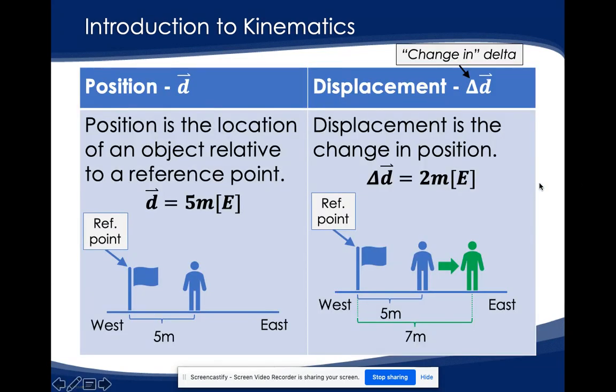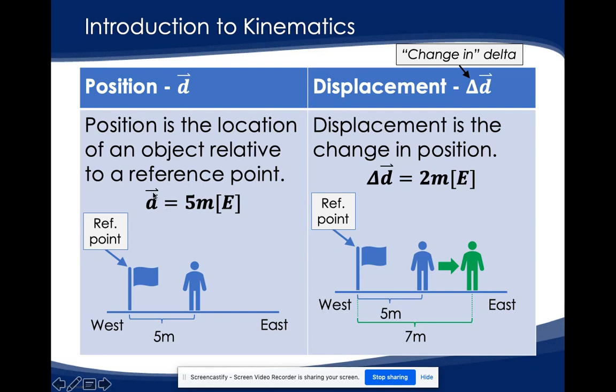So here are some more examples of that. Position and displacement are some vocab words that you want to be familiar with. Your position is your location, or the object's location, relative to some reference point. Let's say that the flag on this scale is where this person is starting, and they walked 5 meters east. So their position, D, shows the distance that something has been displaced.